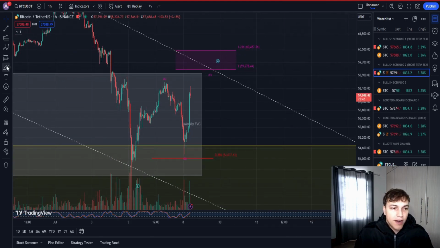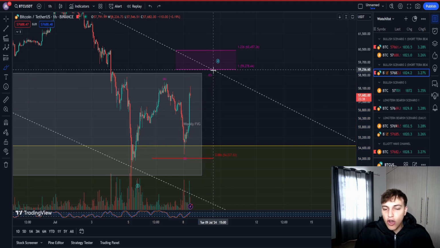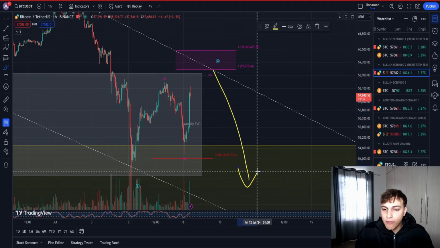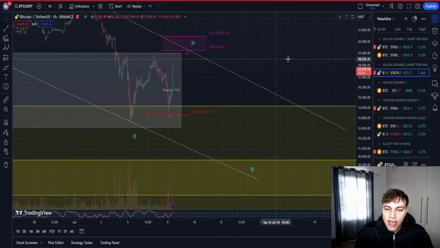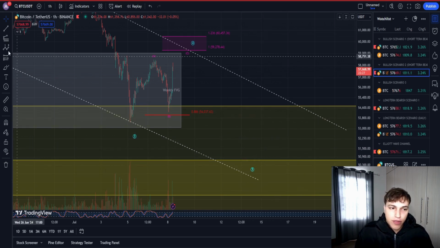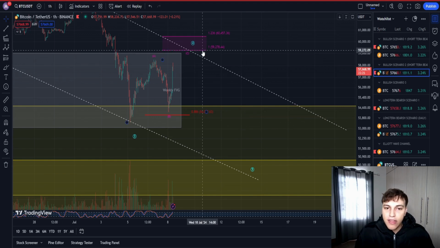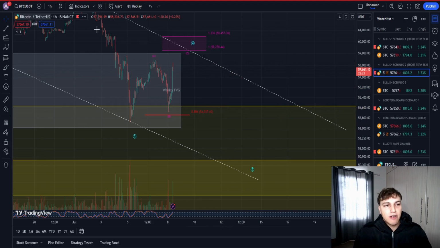The 1-to-1 is a typical range for the ABC, targeting that 5th wave move to the downside. I think that would be a good short, and we would be hitting that $51,000 to $53,000 level. That would be a move of 10% in your favor.